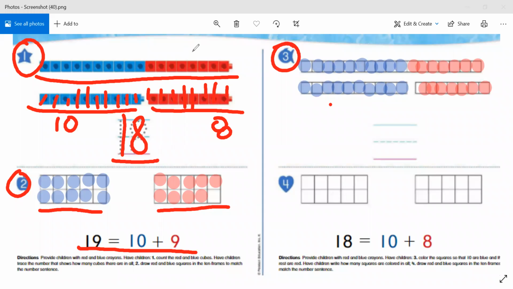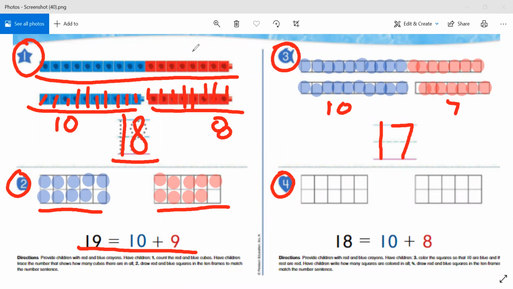So 10 and 7. So 10 and 7 is how many? You can count them all to check. 17. So 17 equals 10 plus 7.